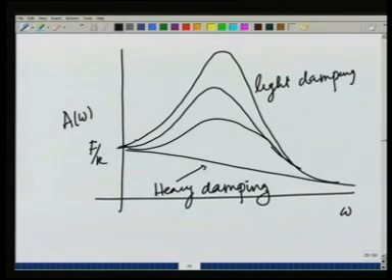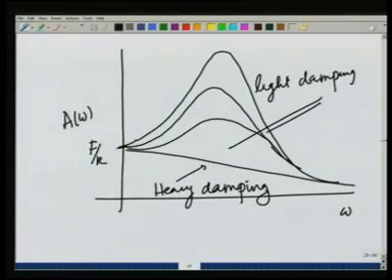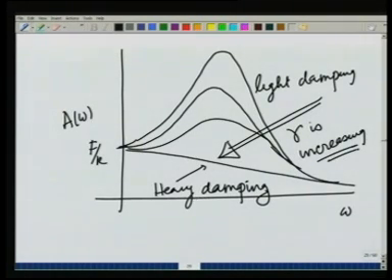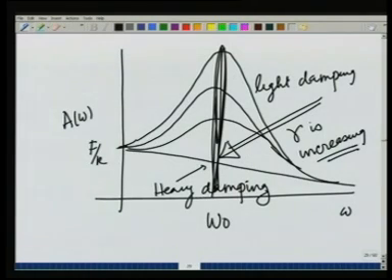Nonetheless, the system does oscillate even in the case of heavy damping when subjected to an oscillating force. I can say that in this direction gamma is increasing. So, in the light damping case, I do have a resonance at this point omega 0, which reflects that the amplitude becomes maximum at that point.